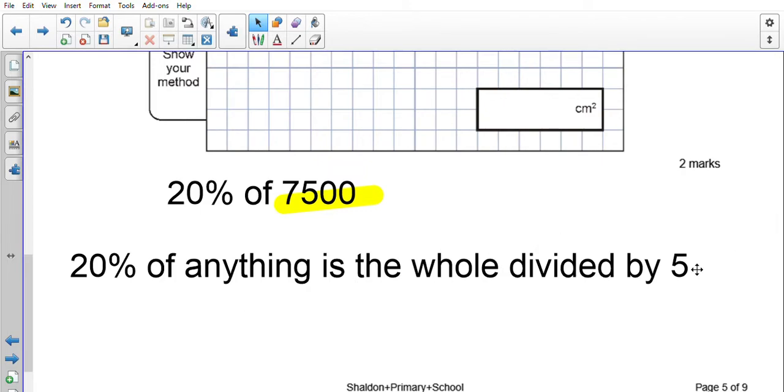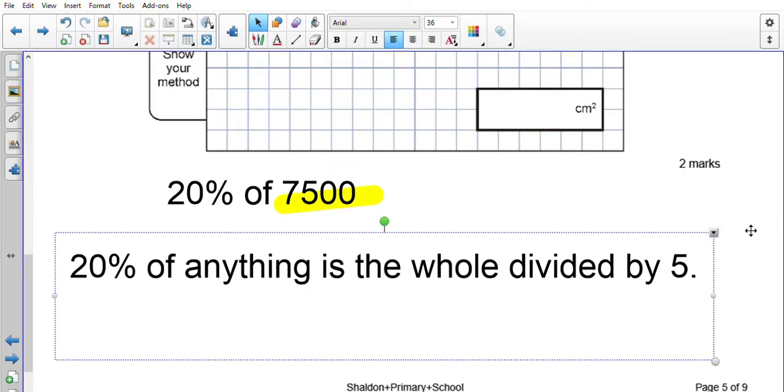Okay, that's the quickest, most efficient way to do that. The other way to do that is to find 10%, which is to divide the whole by 10. 100% divided by 10 is 10%, and then multiply that by 2, because 10% times 2 is 20%.